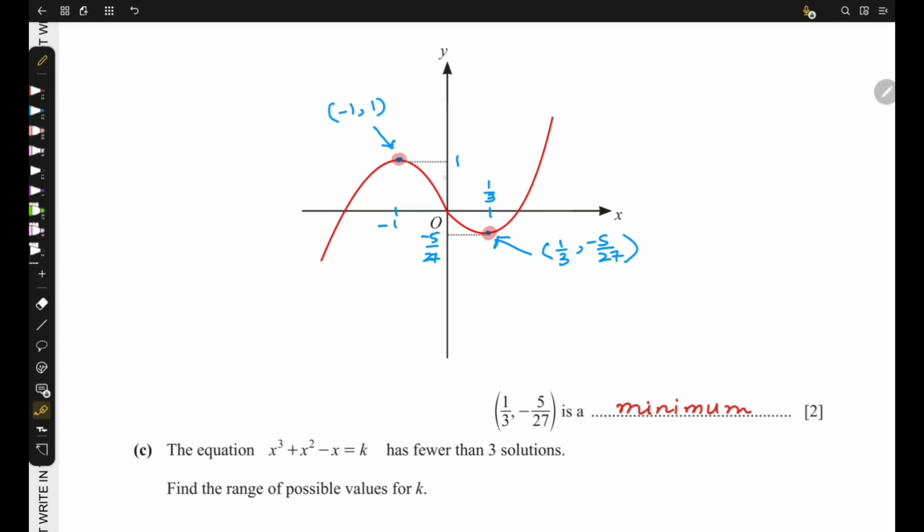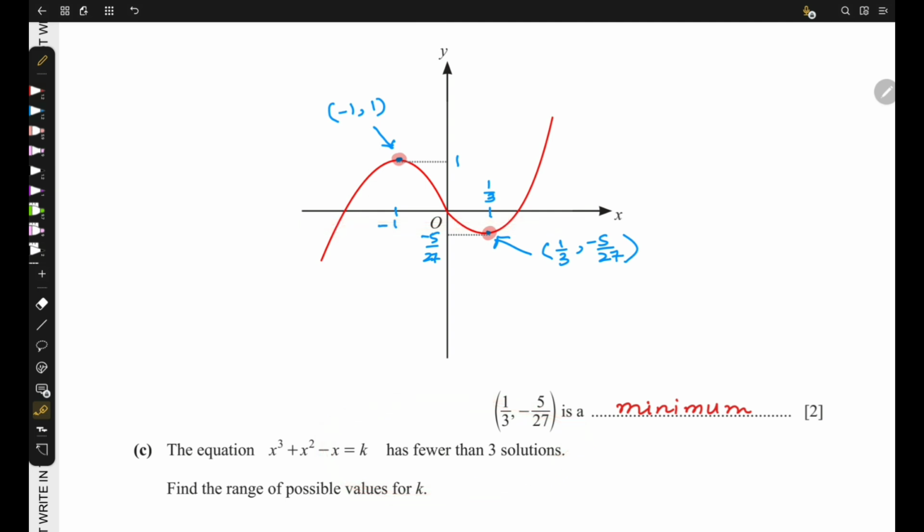If we draw a line in between these two values, the line would intersect the graph at 3 points, anywhere in between these two values. Like if we draw a line over here, the line would intersect the graph at 3 points. But we need fewer than 3 solutions.